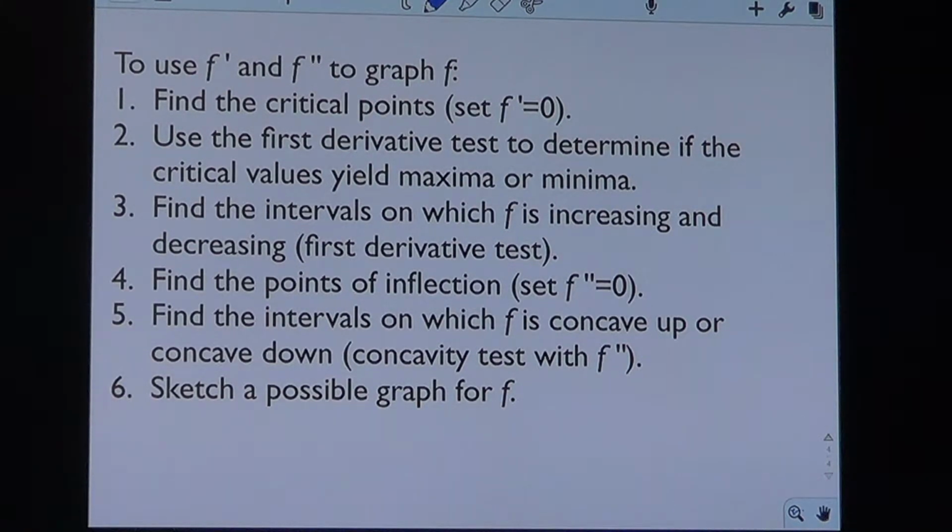If you like the second derivative test better, you can use that. Find the intervals on which it's increasing and decreasing, which you do need the first derivative test for that. And the points of inflection, and where it's concave up or concave down. Then we can graph it.